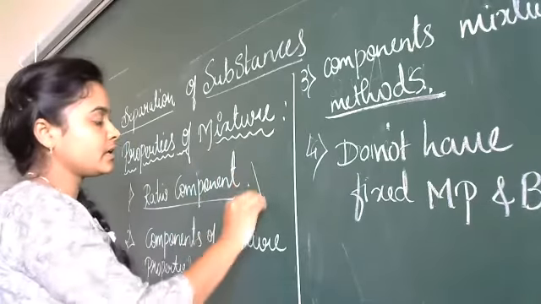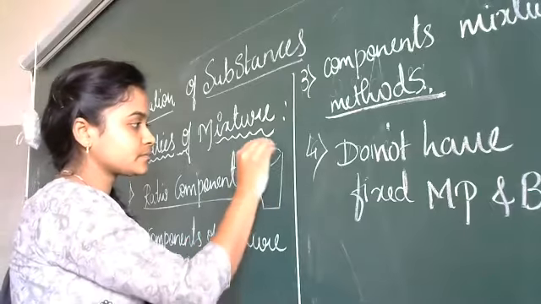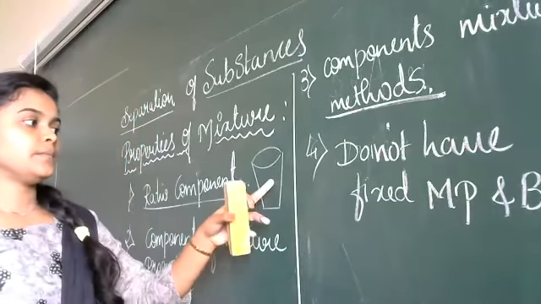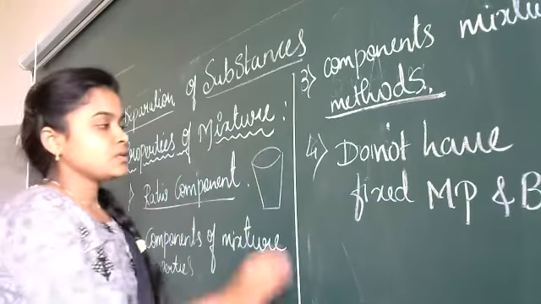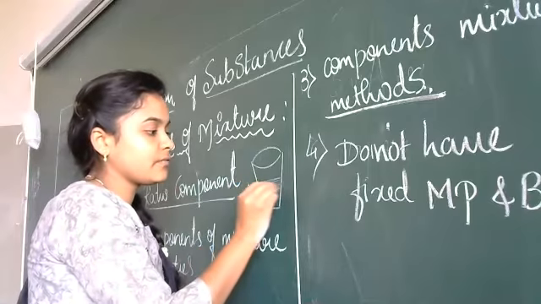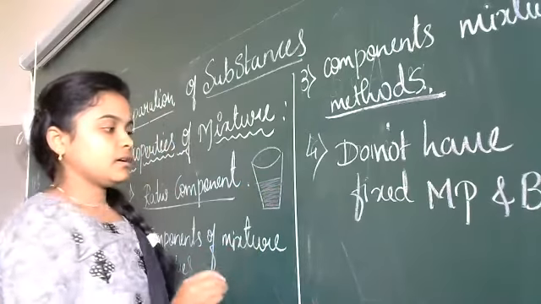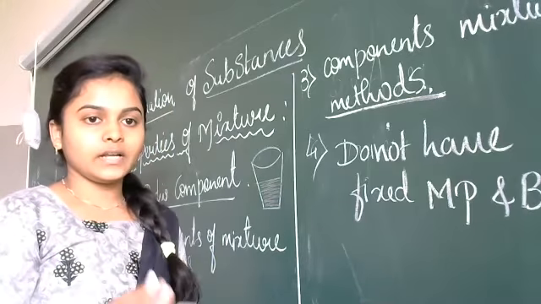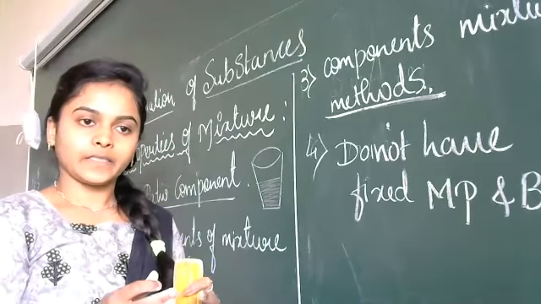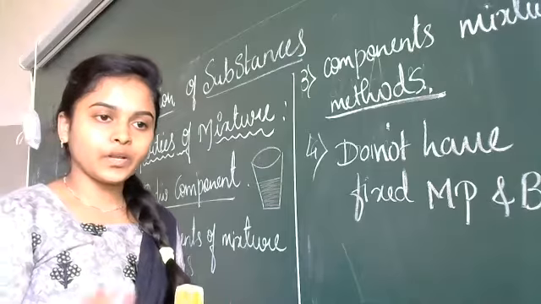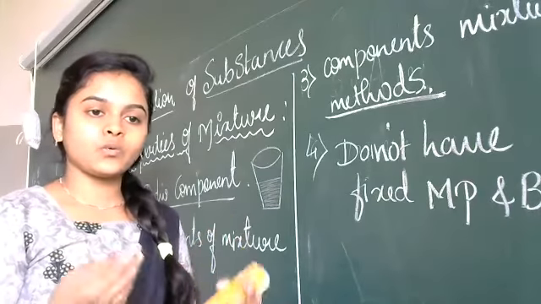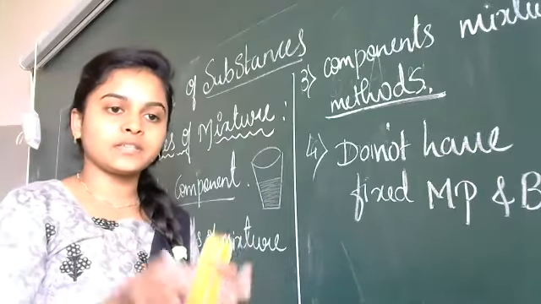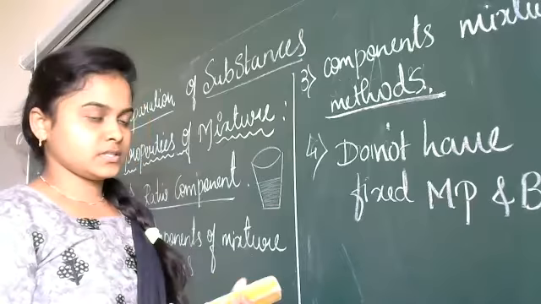For example, here you can take milk. Milk has a ratio of what? Cream and water. It is not fixed, right? The ratio of components is not fixed. How much you want, you can take the components and mix them together to form a mixture.